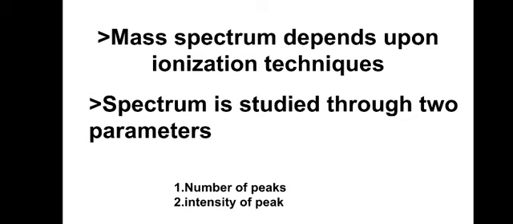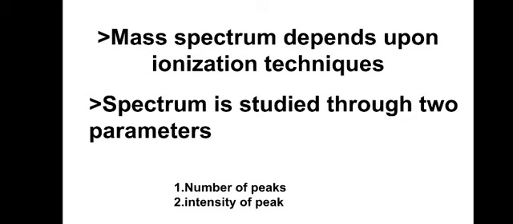This mass spectrum depends upon the ionization technique we are using to fragment an analyte, and which type of technique gives how many peaks, and what their M plus peak values are. What do M plus peak values mean? M plus peak values are just known as the intensity of a peak.